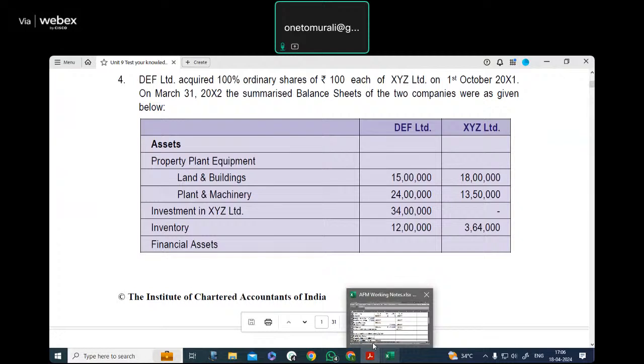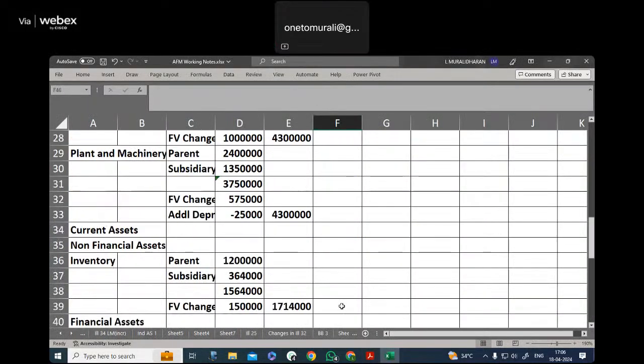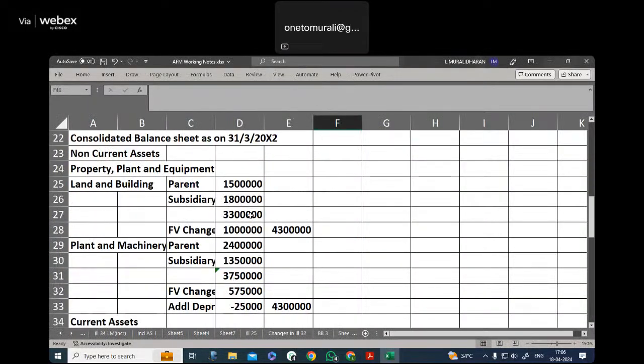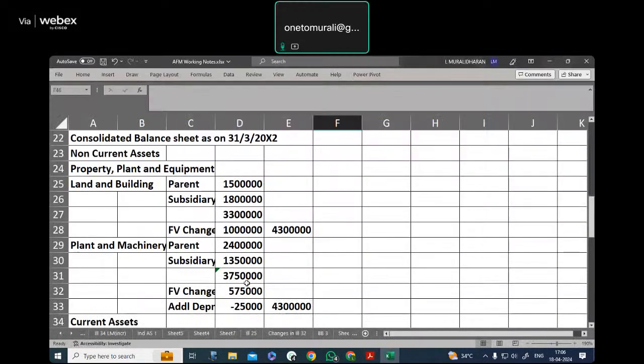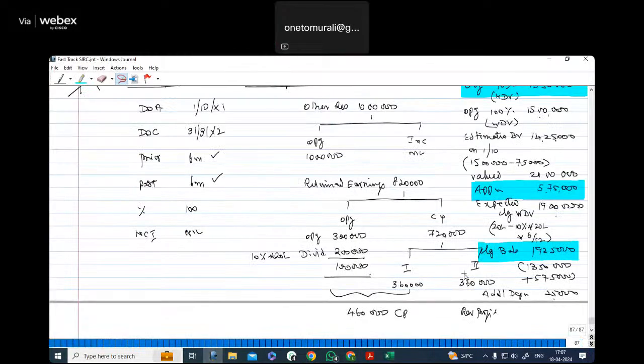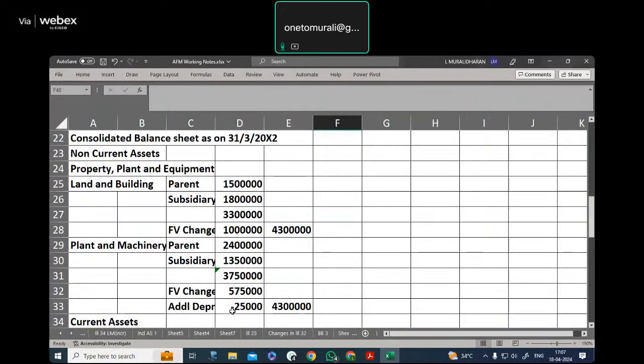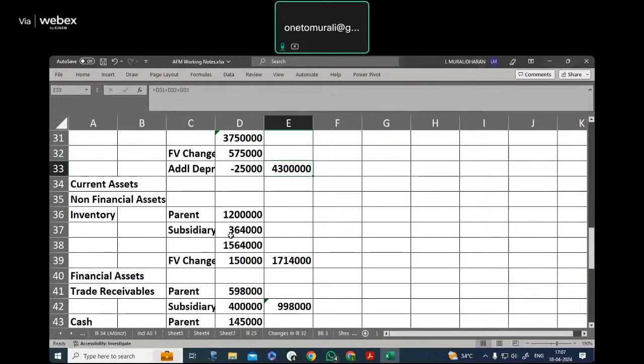Land and building, 15 plus 18, 33. 33, added 10 lakhs, 43. Plant and machinery, 240, 1350. 575 is the appreciation. And 25,000.